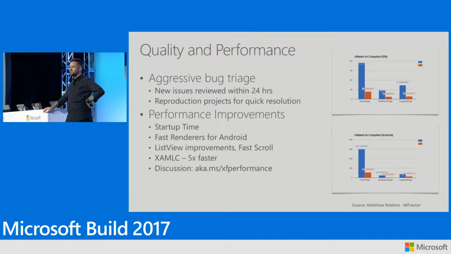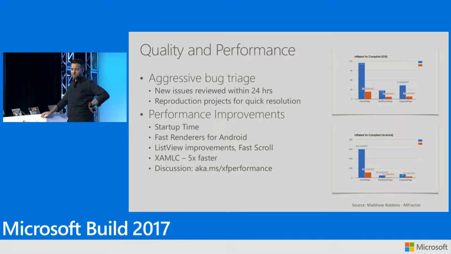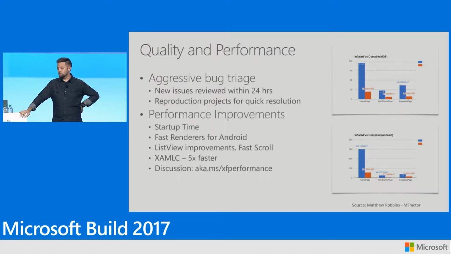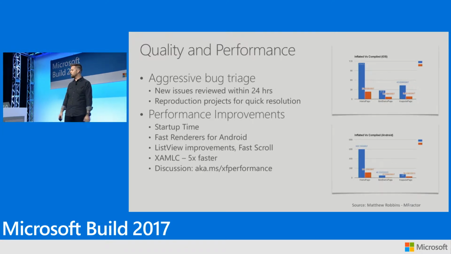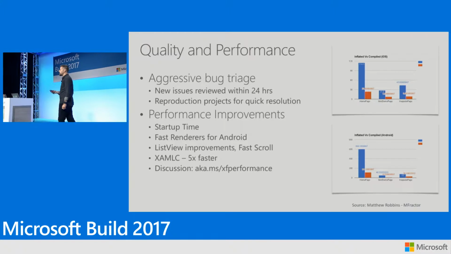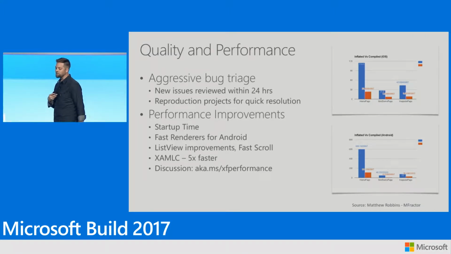We would always love to be able to resolve issues very quickly. Fact is, we need to prioritize some stuff. But reproduction projects that you can provide as you have issues are super helpful. It's not just us being lazy and saying, I'm not going to go build and try to reproduce your issue. But the more information you can give us, log files out of the IDEs, that's super helpful. I really want to get things as stable as possible.